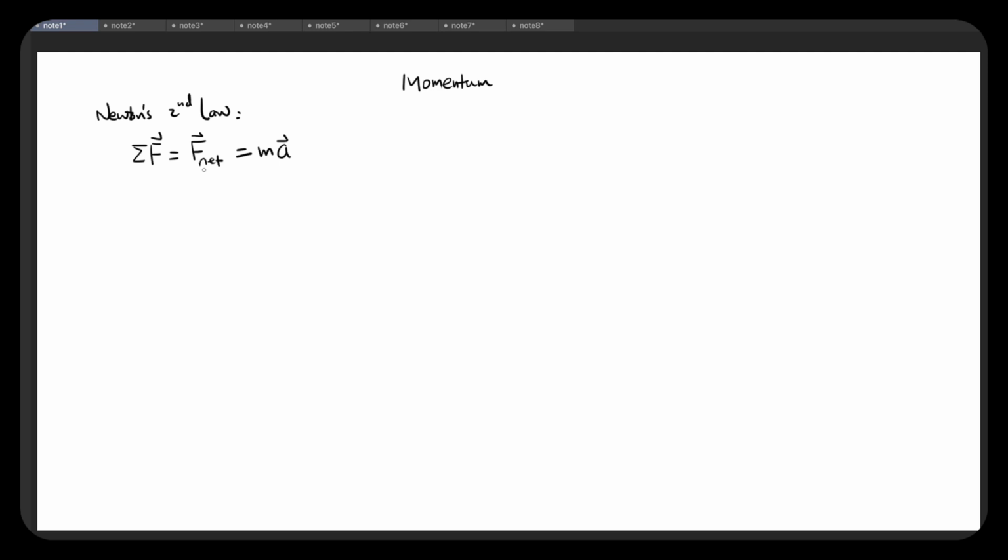Okay, so let's start from this equation and see what we can do. We know from kinematics that the acceleration of an object is given by dv/dt, the time derivative of the velocity.